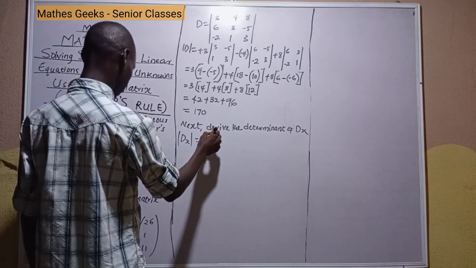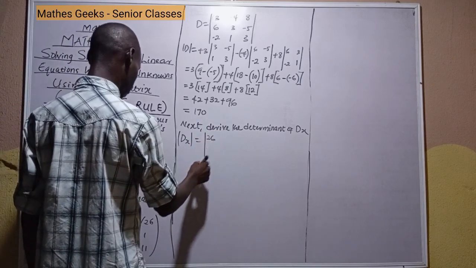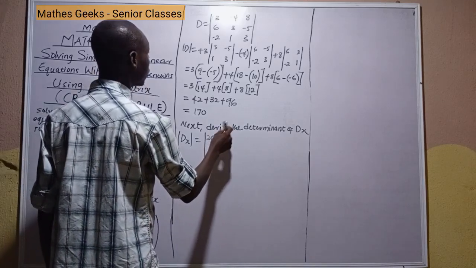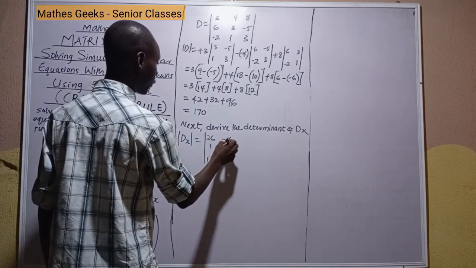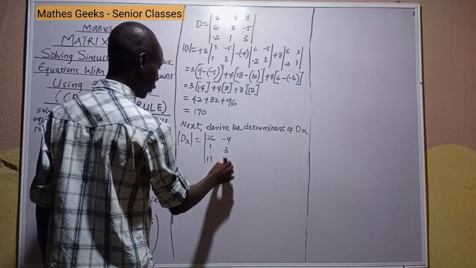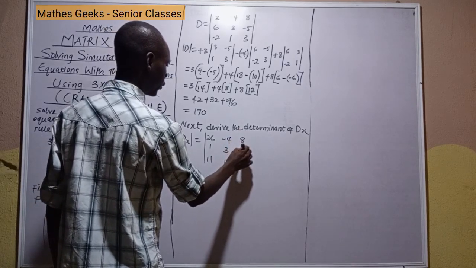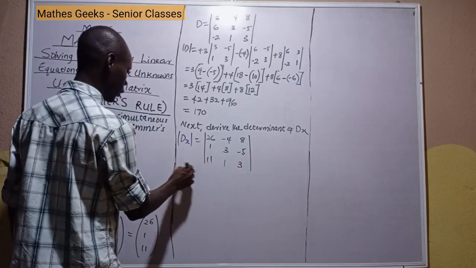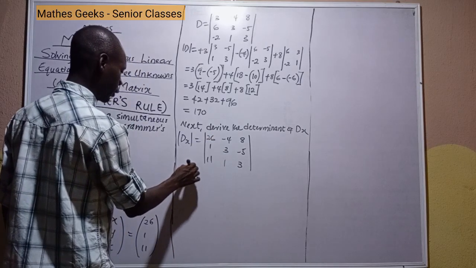So this will give us 26, 1, 11, then minus 4, 3, 1, 8, minus 5, 3, and this is plus 26.